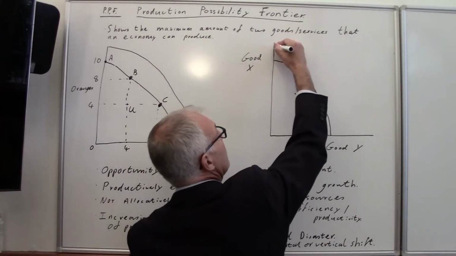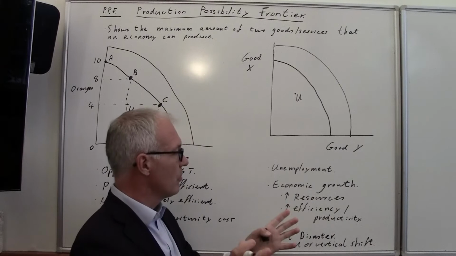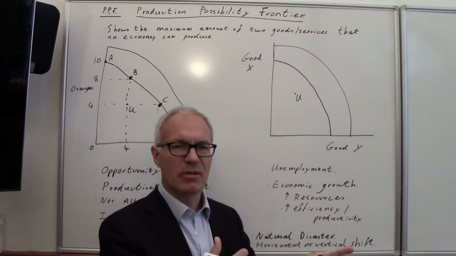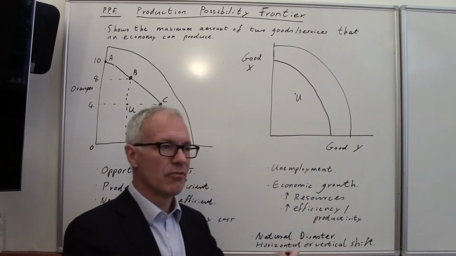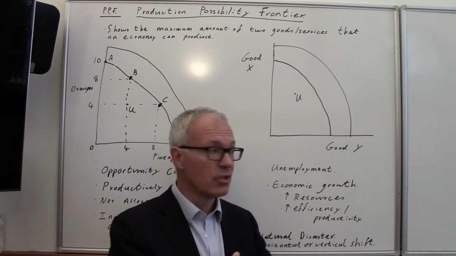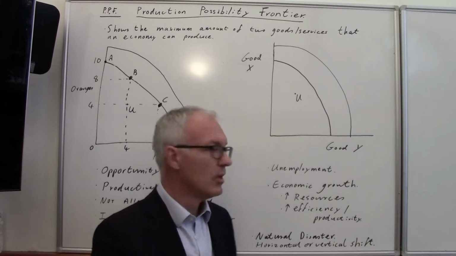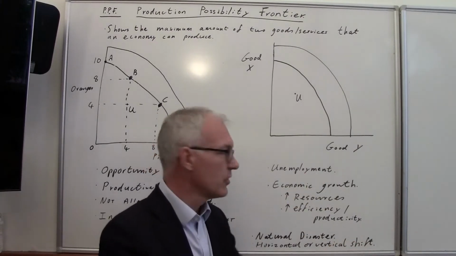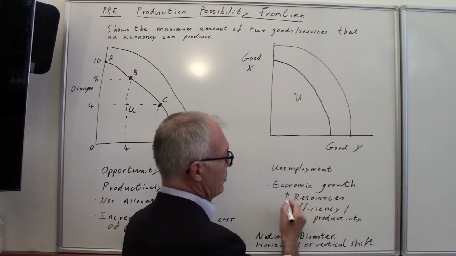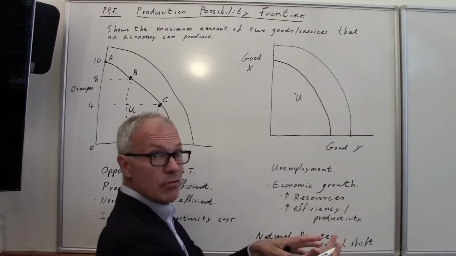Now the other thing, how do we get economic growth? Well, economic growth occurs really in two ways. One, if we increase the amount of resources, if we increase the amount of factors of production, so there's an increase in the labour force, the size of the working population, we discover oil, we have more capital, we set up more firms, then this might increase the potential output of the economy by increasing the level of resources.